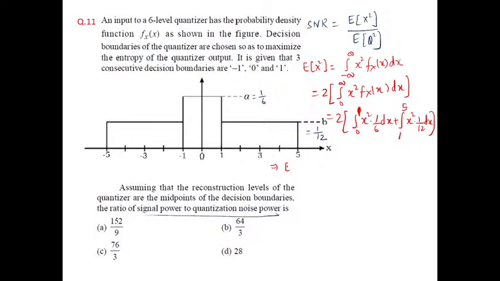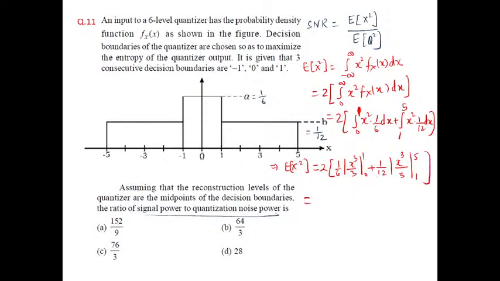So E[X square] is twice of 1 by 6 into x cubed by 3, limits from 0 to 1, plus 1 by 12 x cubed by 3, limits from 1 to 5.